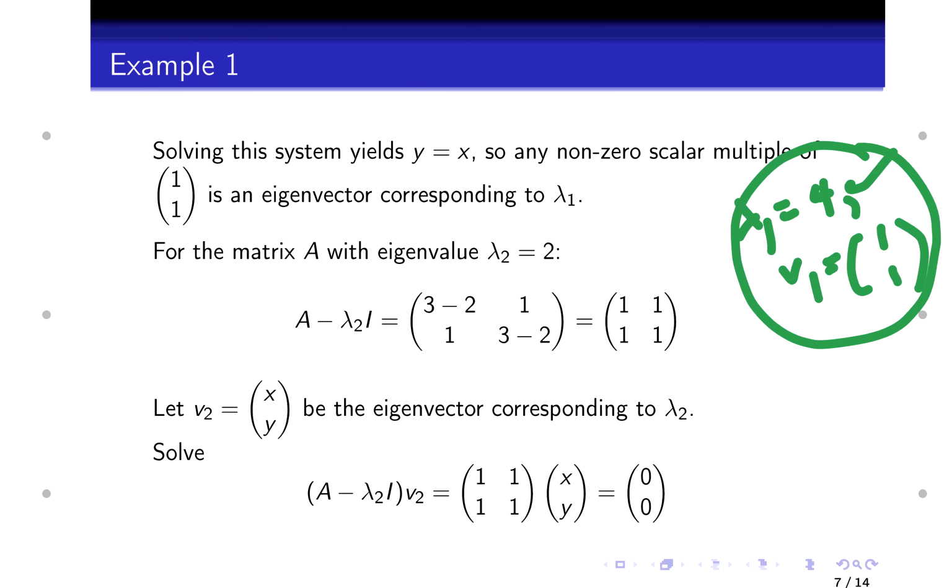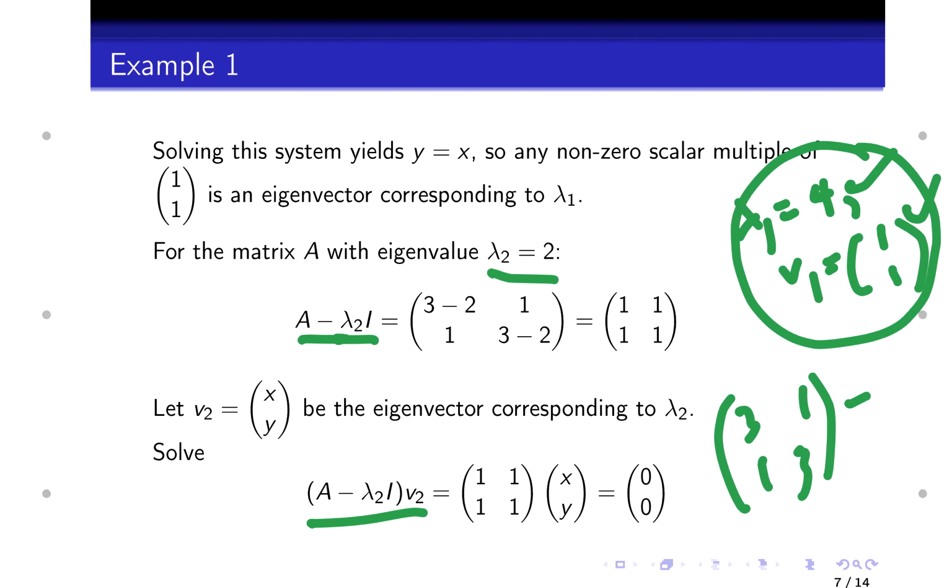All right, so we go ahead again and look for the eigenvector corresponding to the second eigenvalue. So for the matrix A with eigenvalue lambda 2 equals 2 now, again, don't forget, we are looking for A minus lambda I. This is what we want to solve, equals 0. So A minus lambda 2 I: you have 3, 1, 1, 3, minus lambda 2 is 2, so 2, 0, 0, 2.